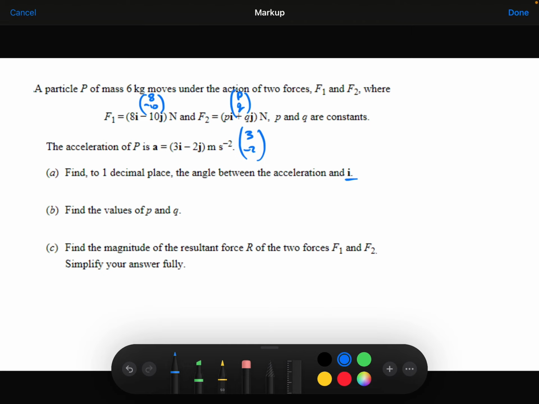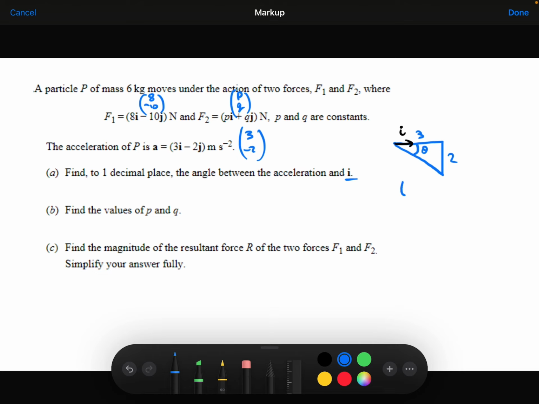So the acceleration is 3, minus 2, so that's across 3, down 2, where we know this is i, so we want this angle here.